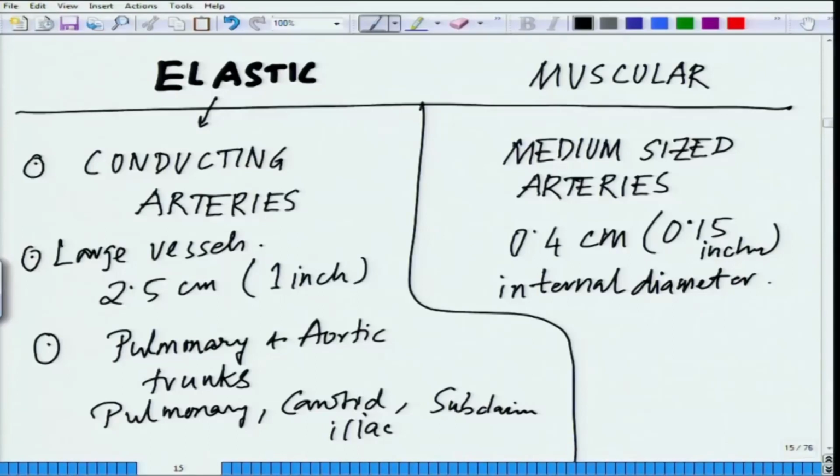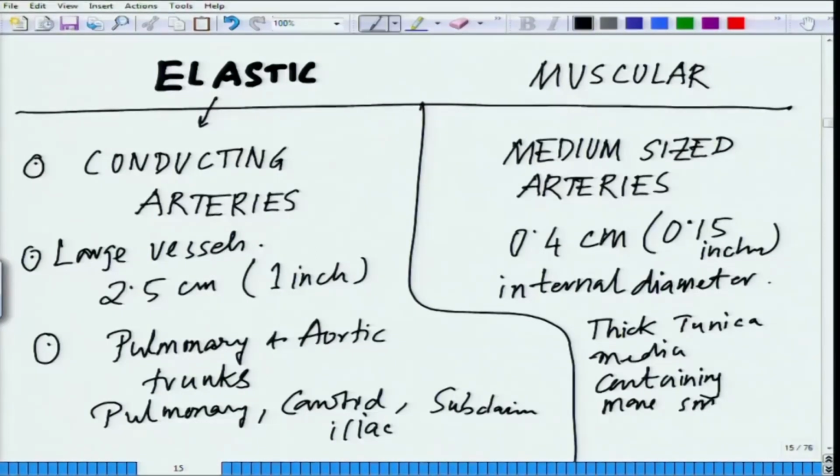In terms of the muscular arteries, they have a thick tunica media containing more smooth muscles as compared to elastic arteries, okay.